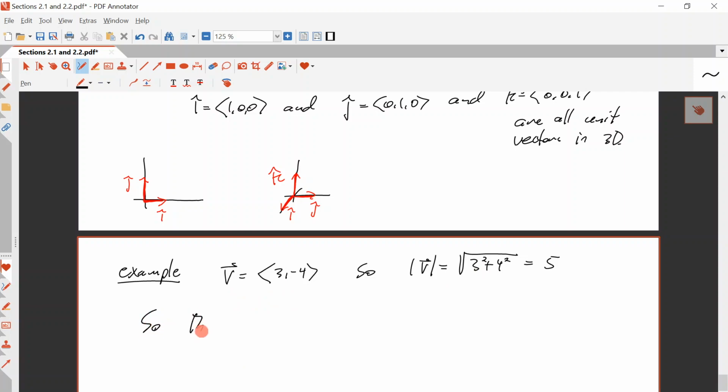So therefore, 1 over the length of v times v, which in this case is 1/5 of v, equals (3/5, -4/5), is a unit vector. This vector v has length 5, so if I multiply it by 1/5, then its length is 1.